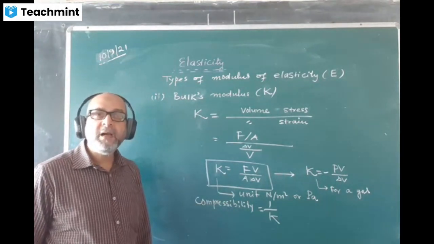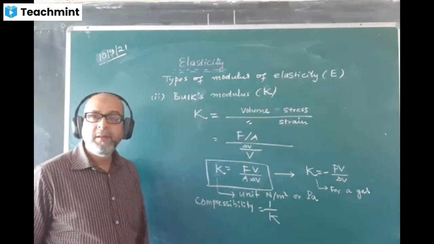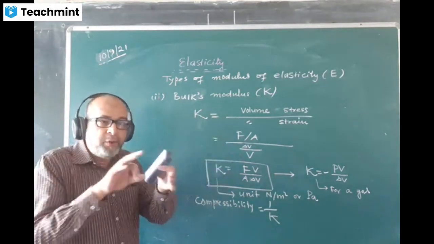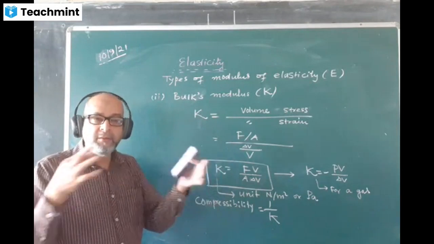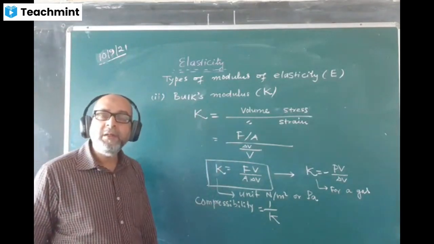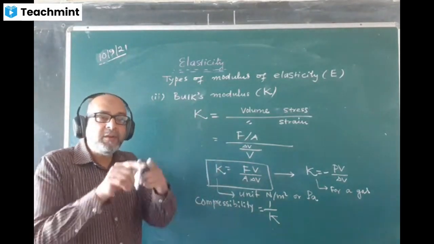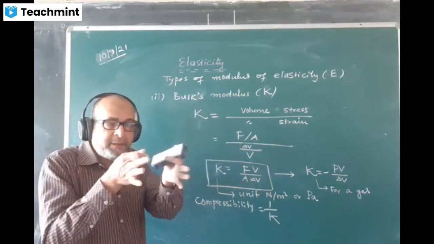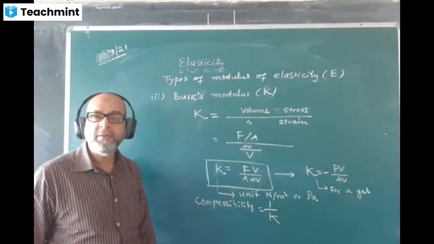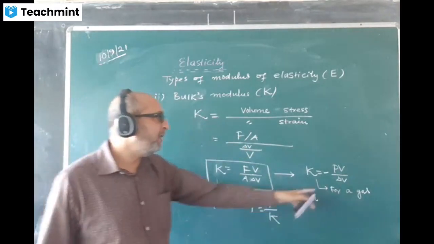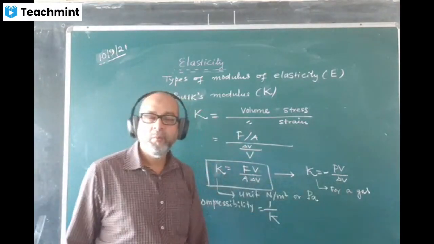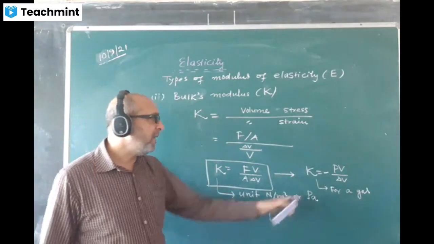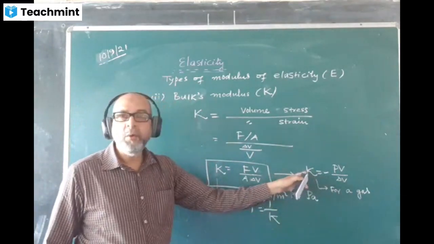That means gases are more compressible than any other. Gas you can compress more because there is large intermolecular space. Molecules are far apart, so they are more compressible. You can compress them by a greater margin, you can decrease the value of delta V by a greater value.